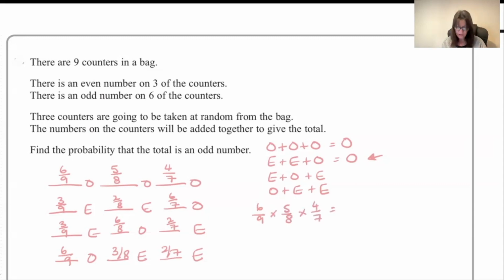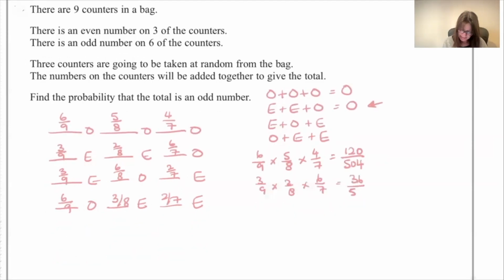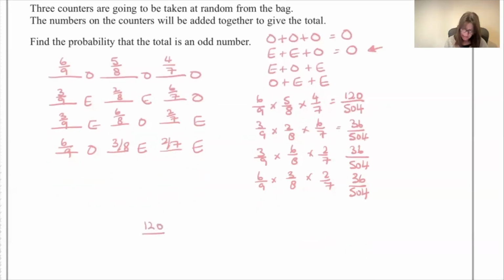It's just not worth it, okay? So that is 120 out of 504. Once you've got all 4 outcomes, we just simply add to finish it off. And that adds to 228.